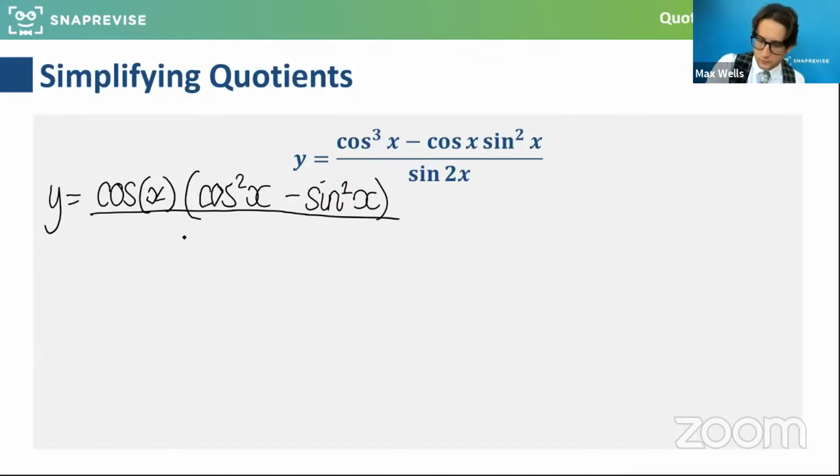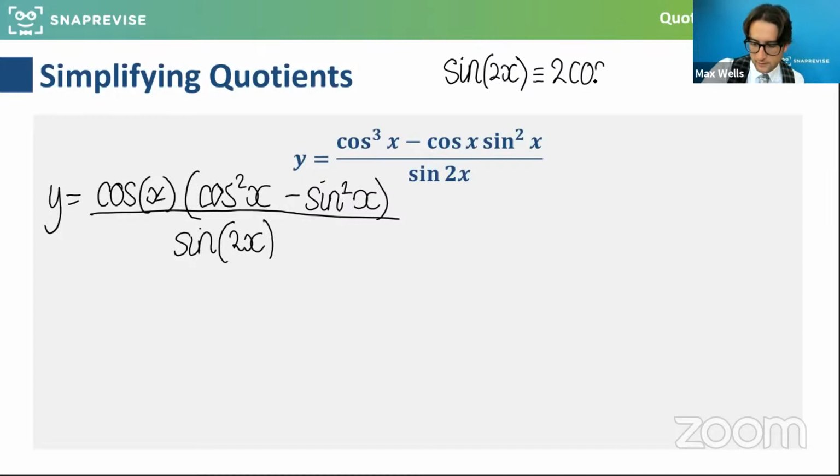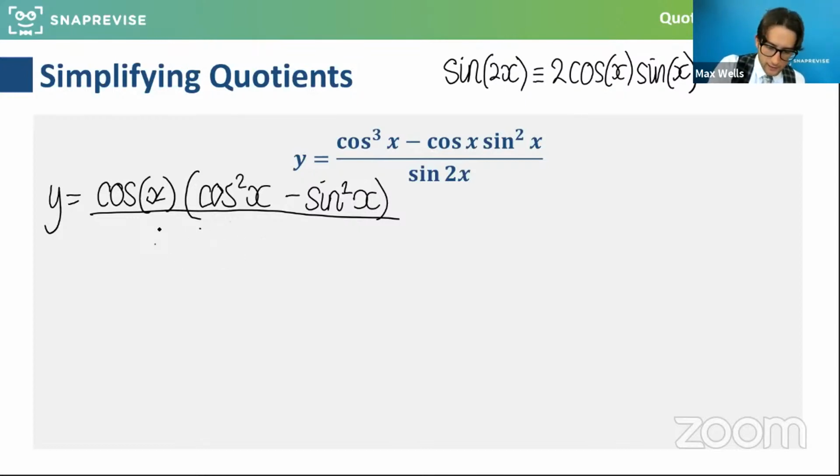All over sine 2x. Now, there is something you do in year 13 called the double angle formula. And sine 2x, you learn a little identity that can actually be written as 2 cos x sine x. So all of these little tricks help us cancel things out. So I can rewrite sine 2x as 2 cos x sine x.